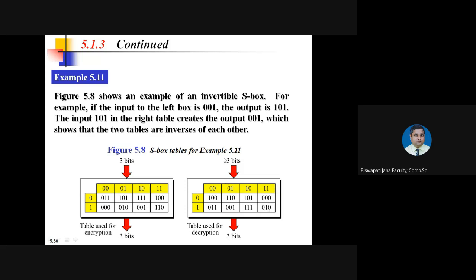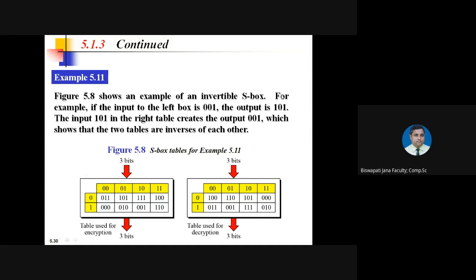That means when you use this S box for encryption, the table is used for decryption. See, to check the data: if you use 010, meaning this row and this column, this cell has been selected, 111, and when you decrypt this 111, then it comes out as 010.